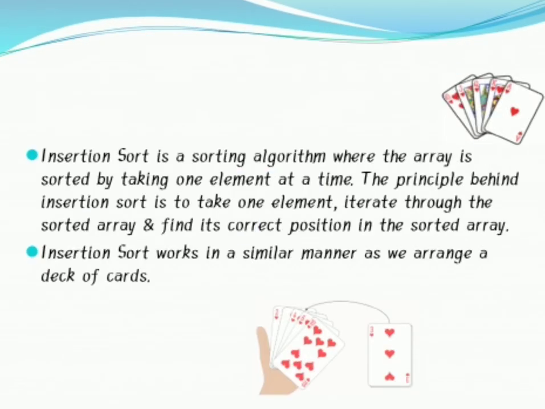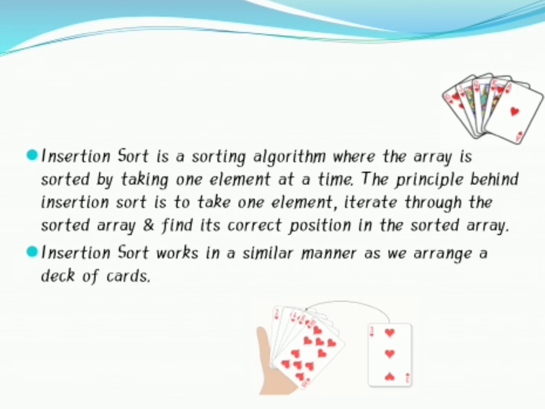The main principle behind insertion sort is that it takes one element, iterates through the sorted array, and finds its correct position in the sorted array. Insertion sort works in a similar manner as we arrange a deck of cards. I think we are all familiar with playing cards, how we arrange them as king, queen, jack up to the ace in their correct positions.